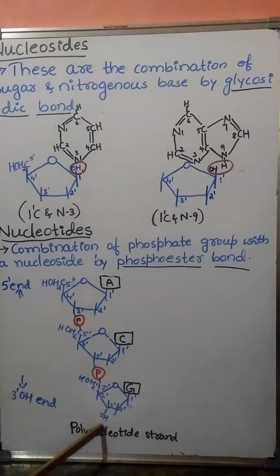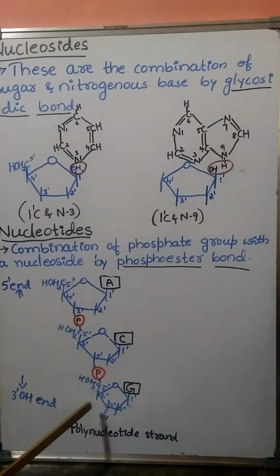This OH group present at the 3' end of the polynucleotide strand is free. Hence, this end containing the free OH group is called the 3' end.